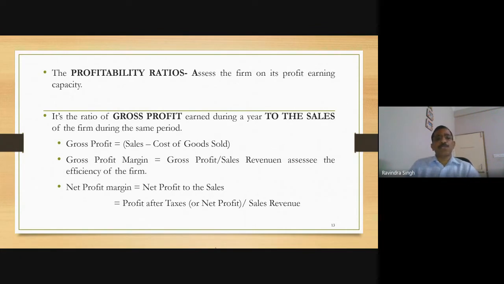So gross profit is equal to sales minus the cost of goods sold. COGS is written for cost of goods sold. And once you find out the gross profit, you can calculate the gross profit margin, equal to gross profit divided by sales revenue.